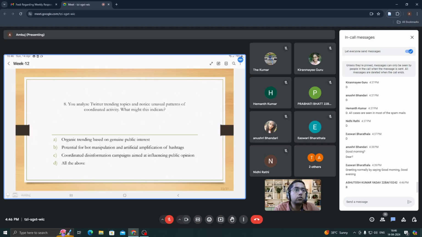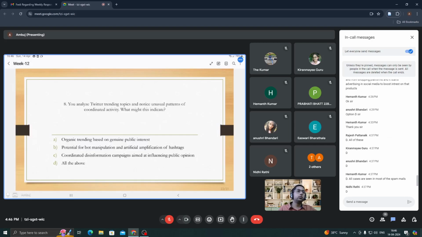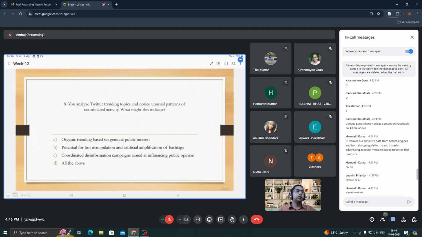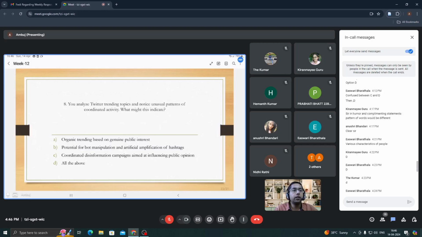Ashutosh says option B. Great. Kiran was just telling her opinion, in humor and complimenting statements. The pattern of words would be different.